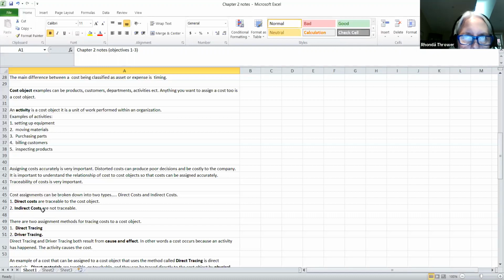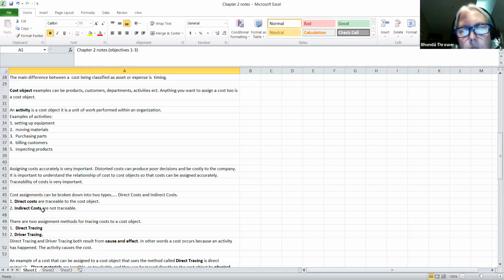It might be the cost of indirect materials or indirect labor, or any cost that's associated with the factory will be considered an indirect cost, because most of these costs are not directly traceable to the product itself.